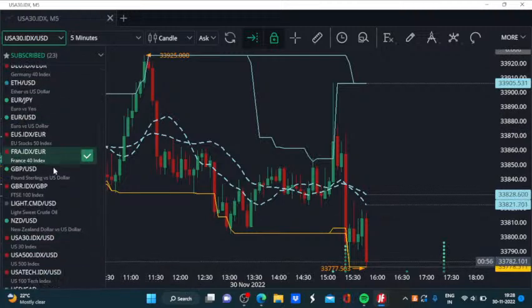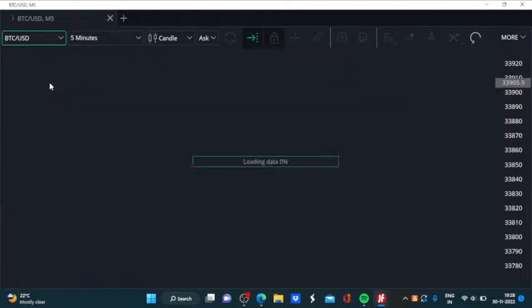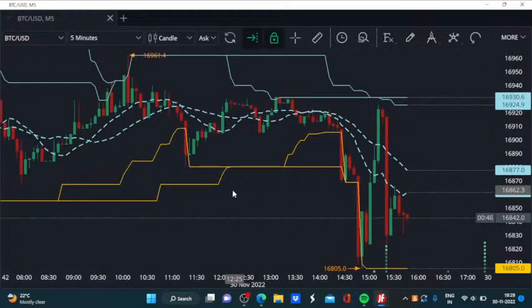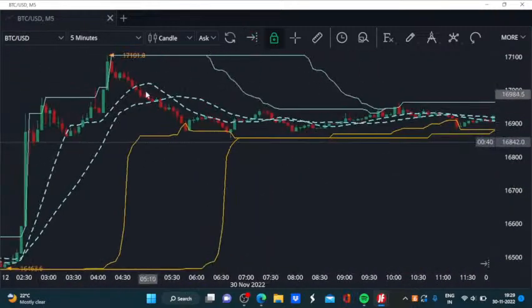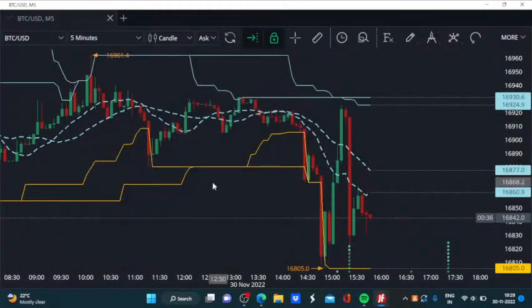Let's consider the Bitcoin. For Bitcoin, the price formation is giving the idea of the bearishness prevailing here. We have these formations of lower lows and lower highs on the 4 hourly chart.